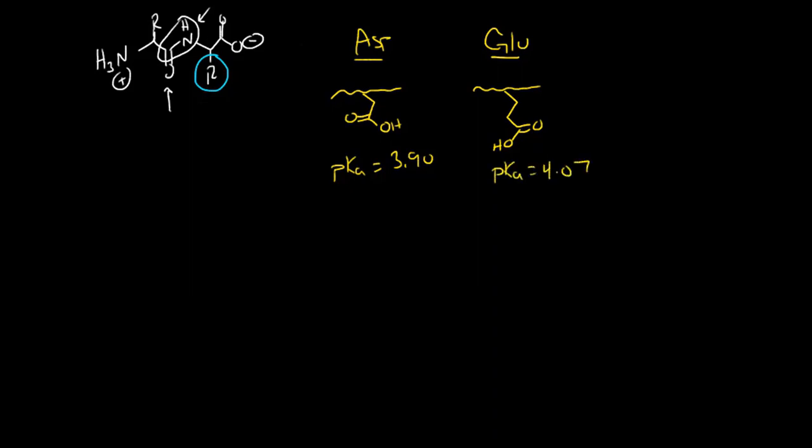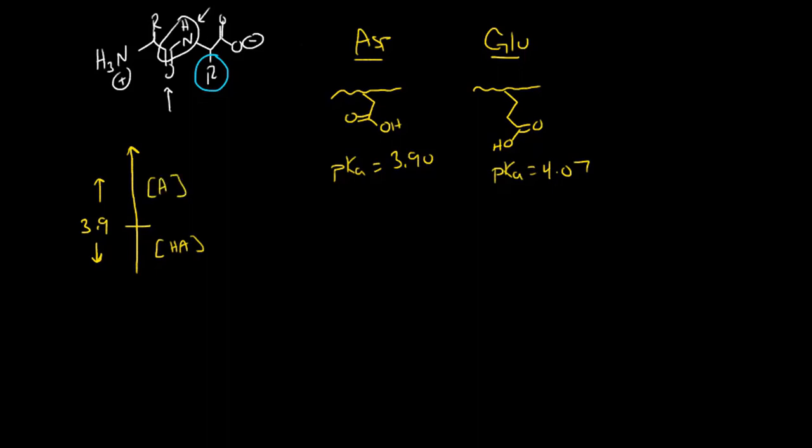So if we think about this now in terms of what we learned about speciation, if we are at a pH of 3.9, then anytime we have a pH that's more acidic than this, we are going to have the protonated form of our amino acid present. And anytime we're more basic, then we have the basic form that's present.